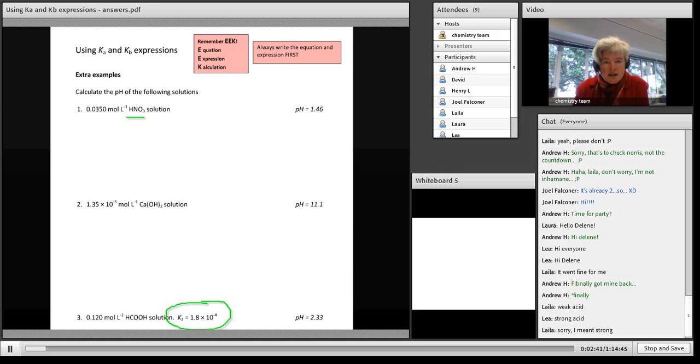So if it's a strong acid, remember our EQ method. Our EQ method is basically saying equation first, then expression, and you don't have an expression for a strong acid, and then the calculation. So by equation, I mean the chemical reaction. What can I write for this one?